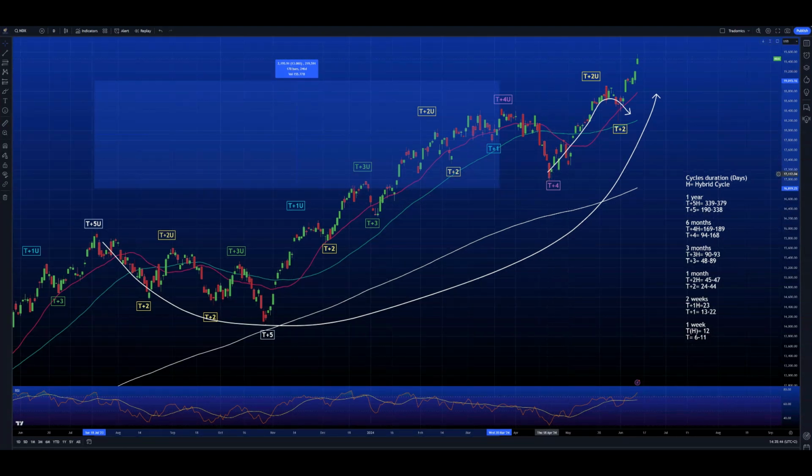Therefore, I was saying that we could have had a retracement, but then we would have expected another downward cycle, T plus 3, T plus 4, that could push the price further to the upside and break up this swing to continue the upward cycle.